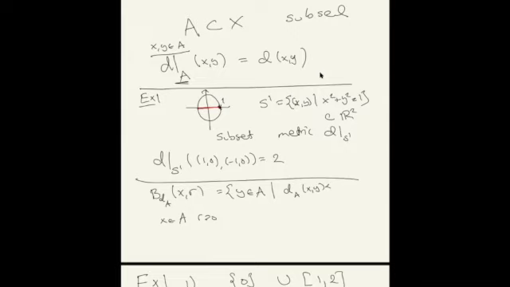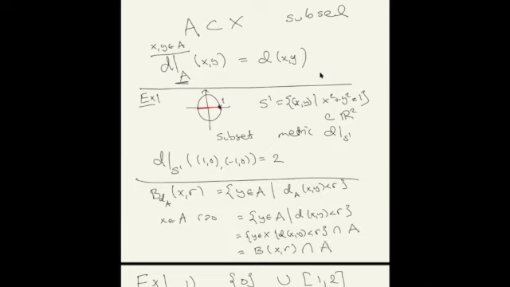But the distance in A is just the restriction of the distance in X. So this consists of all the points in A such that the distance between them in the ambient space is at most r. And this is the same thing as saying that you take all the points in X whose distance is at most r, intersected with A. So points that are in A and in this ball, and this is the same thing as B_X(x, r), the ball in the ambient space, intersected with A.